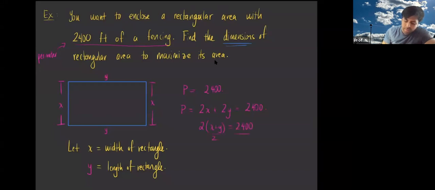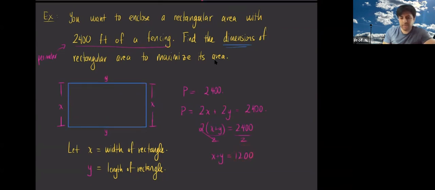Divide by 2, and I get x plus y equals 1200. So x, which is the width, plus y, which is the length, have to add up to 1200 somehow. And now look what I can do. I can solve for y. If I solve for y, I get y equals 1200 minus x.